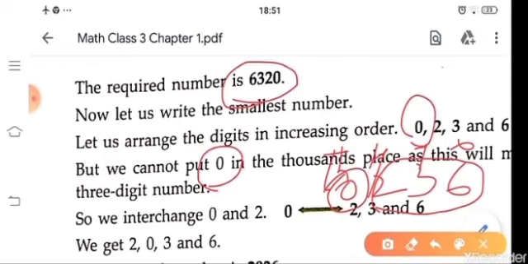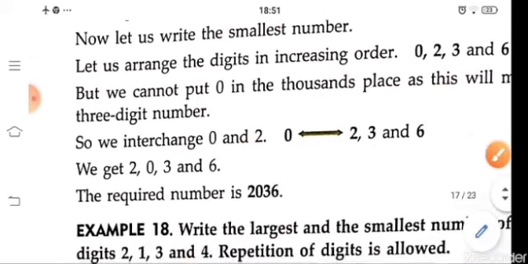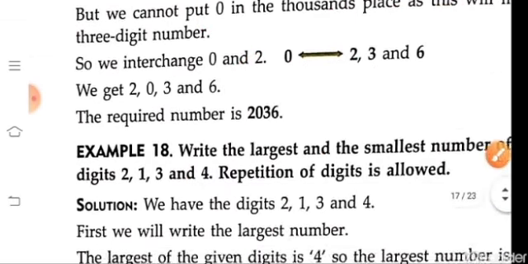So we cannot count 0 over here. That is why we interchange the numbers. We write 2 in place of 0, and in place of 2 we write 0. Then after 0 we write 3, then 6. The smallest number becomes 2,036. So in this way we write the number.